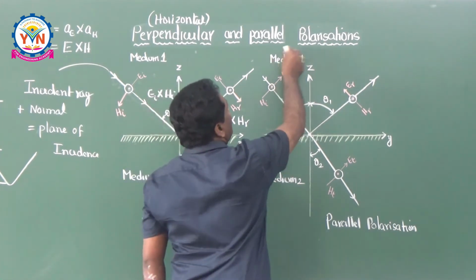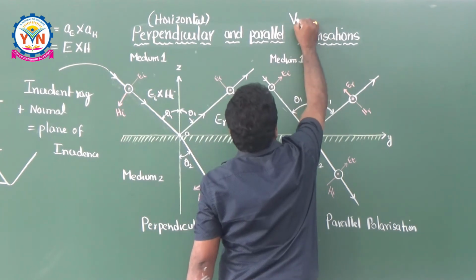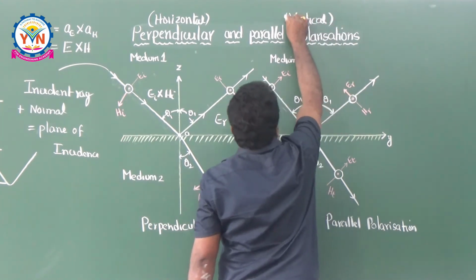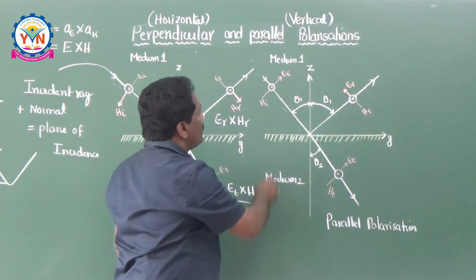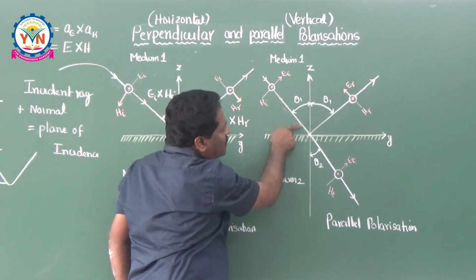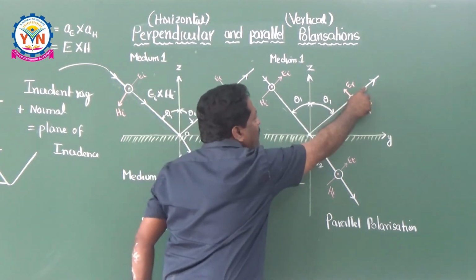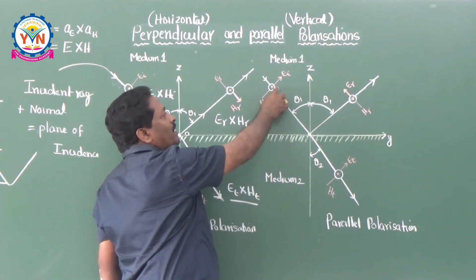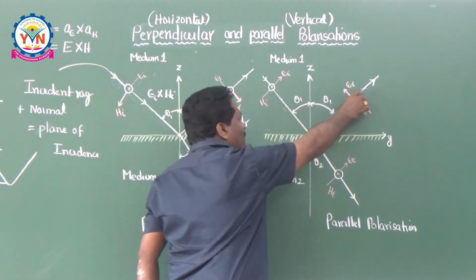That's why parallel polarization is also called as vertical polarization. And here also, whenever the wave is coming and hitting this one, it may be reflected or it may be refracted, whatever it may be. But what you have to remember is the direction of the wave is important here.